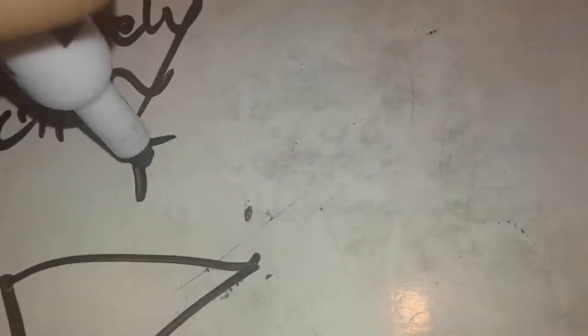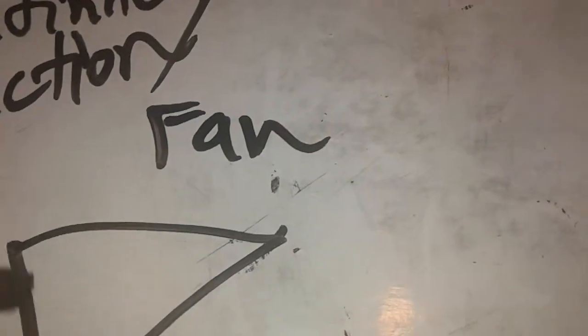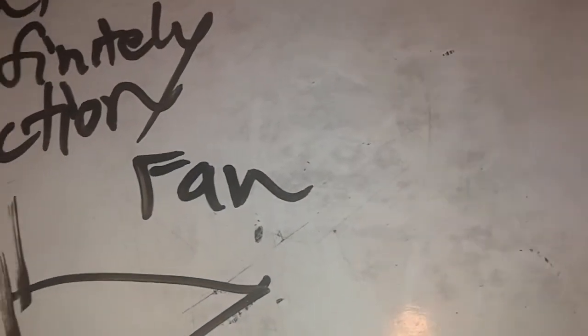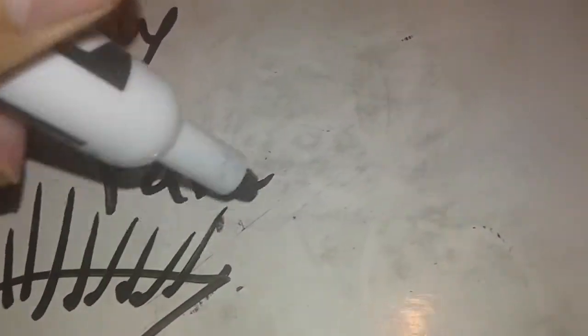The same goes with a lot of other structures. And we have fans looking like this. A fan is just a bunch of rays, all touching each other, and we have no values here.